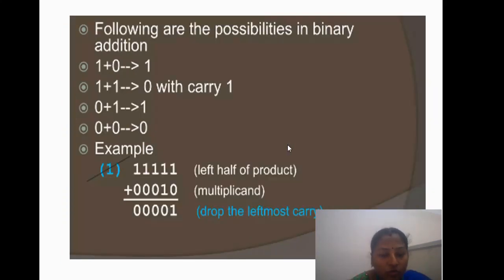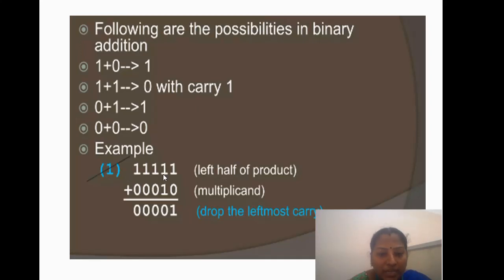Yeah, so you will be following the basic binary addition operation. This is the truth representation. 1 plus 0 gives 1. 1 plus 1 is 10, that is 0 is placed and 1 is placed at the carry position. Then 0 plus 1 is 1, and 0 plus 0 is 0.